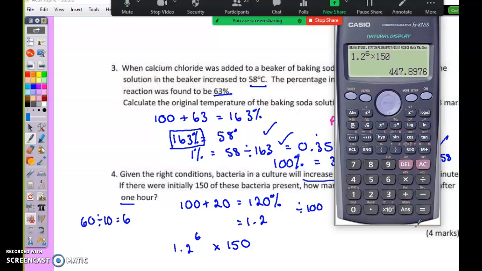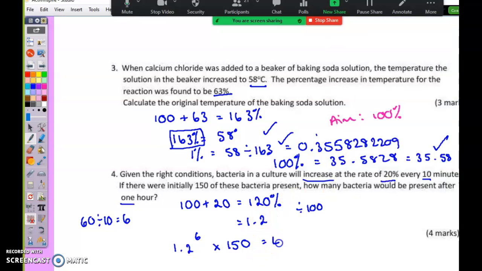I'm just typing it into my other calculator as well. 447.897.6, to 2 decimal places would be 447.90.